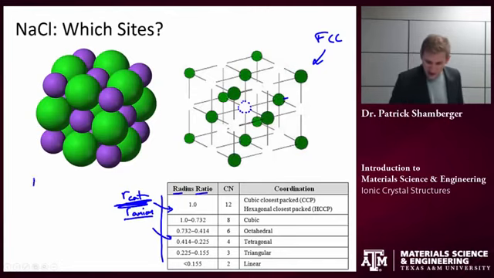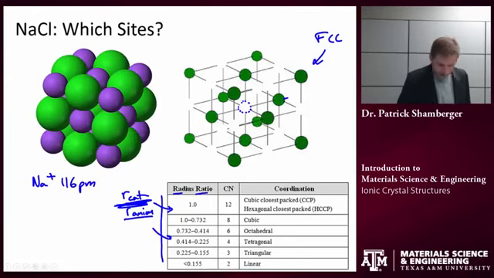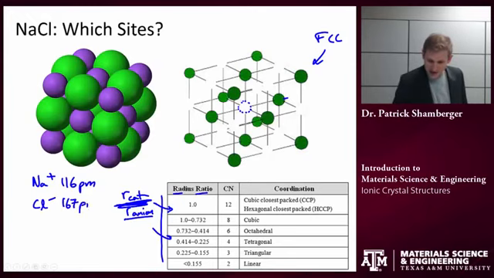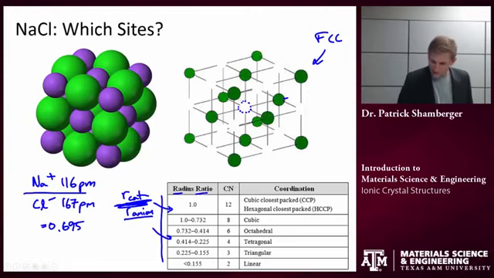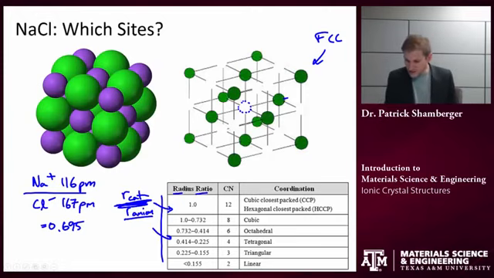So for this case, sodium plus is 116 picometers, that's the radius, and the chlorine anion is 167 picometers. If I look at that ratio, the cation over the anion, I get a value of 0.695. And we can see that that falls within the range that's acceptable for an octahedral hole.